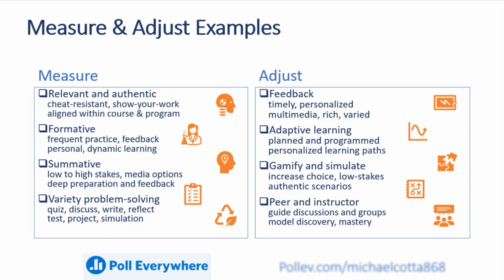Then the summative ones, either low stakes, high stakes, or the options that we give to students there. Maybe a variety of problem-solving types of measurements, whether it be quizzes, discussions, writing, reflecting, etc. And then adjusting. That's how do we adjust or help students adjust, one or the other, to what we know about their performance in learning.